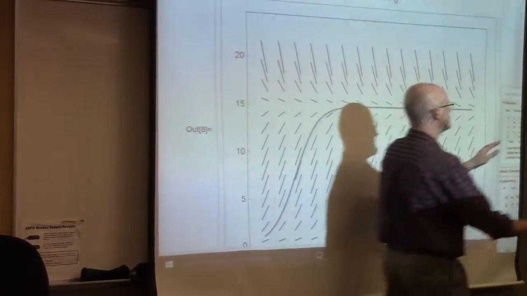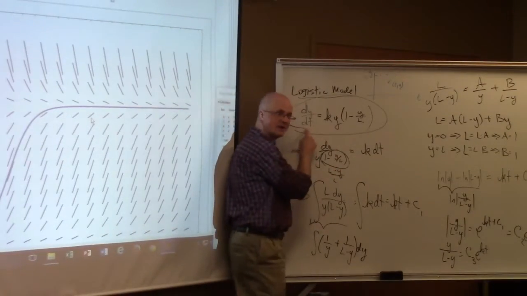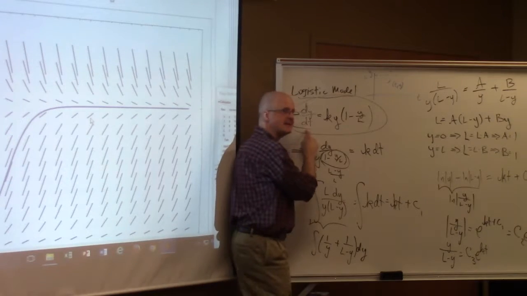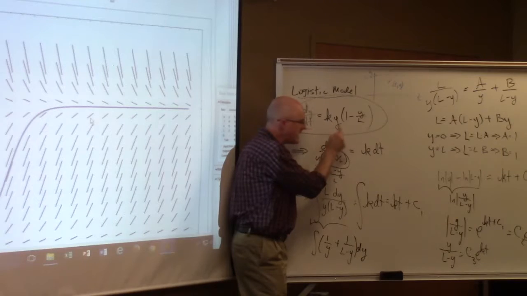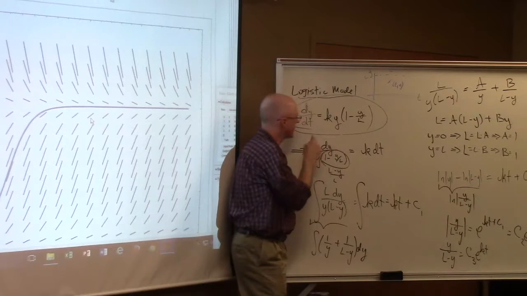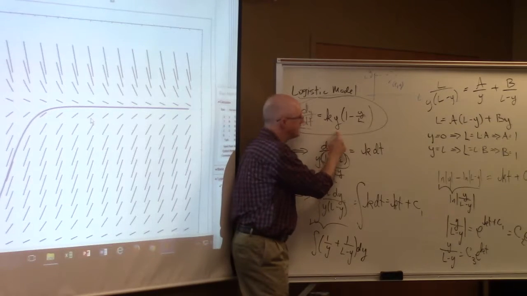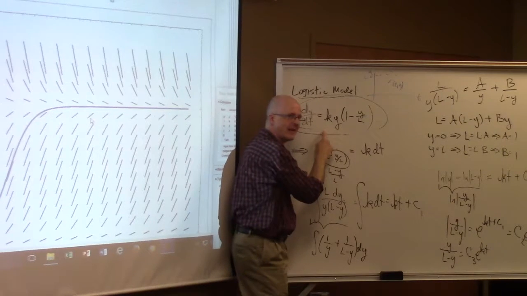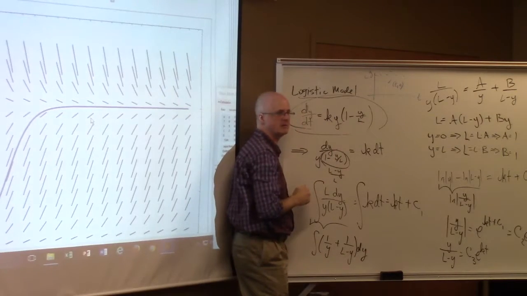Because the slope of the line segment is given by the right-hand side, and because the differential equation essentially says, geometrically speaking at least, the solution curve should have a slope at any given point equal to this right-hand side. That's what that equation says. Geometrically, that's how we interpret it. The solution curve should have a slope at any point on the solution curve equal at that point to the value of the right-hand side at that point, which only depends on the y coordinate, not the t coordinate.